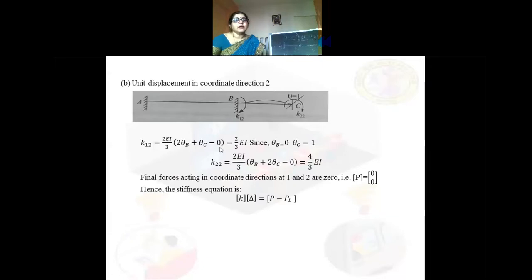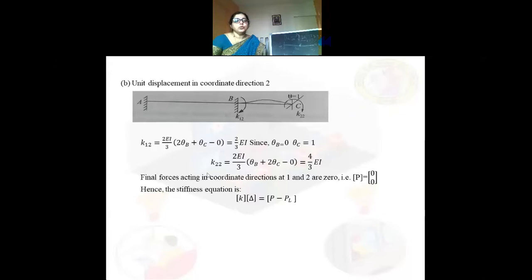Since theta B is equal to 0, theta C is equal to 1. In place of theta B you have to write 0 because support B is fixed, so there is no rotation. Only at theta C there is a rotation. In place of theta C, write 1. So what is the answer you are going to get? 2 by 3 EI.